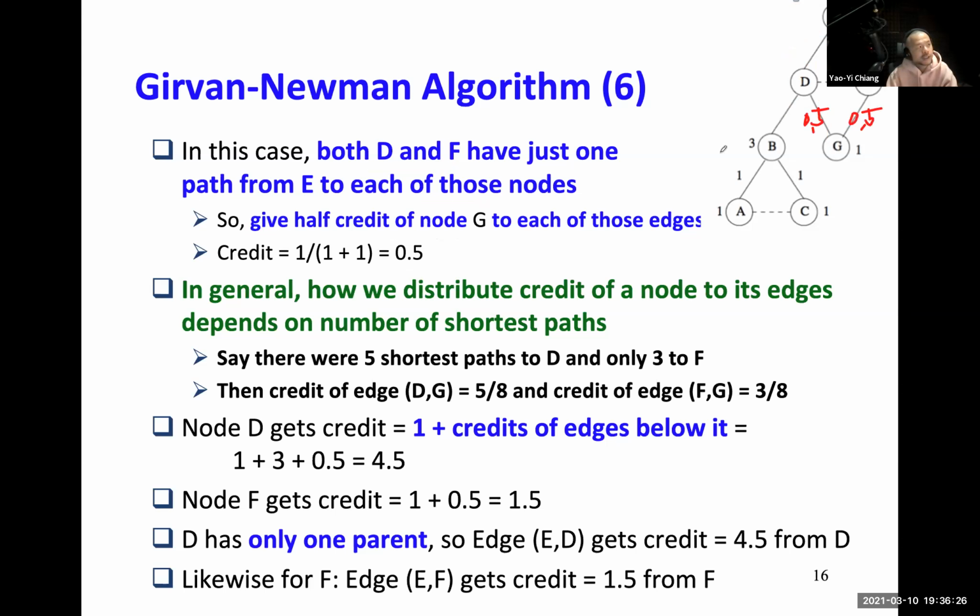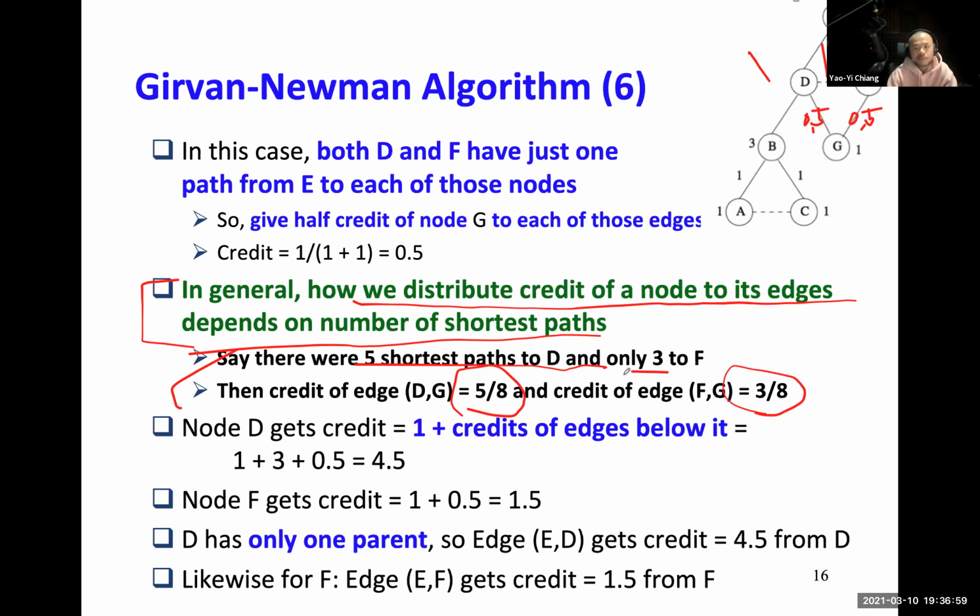The case where it is not evenly distributed is here. Generally, the way you distribute the credit of a node to its edges depends on the number of shortest paths coming from different sides. Say there were 5 shortest paths to D and then to G, and only 3 to F, then to G. The credit for DG will be 5/8, and for FG will be 3/8, right?